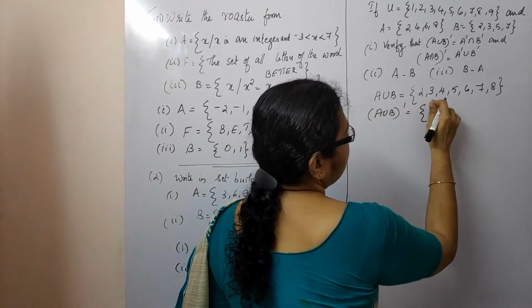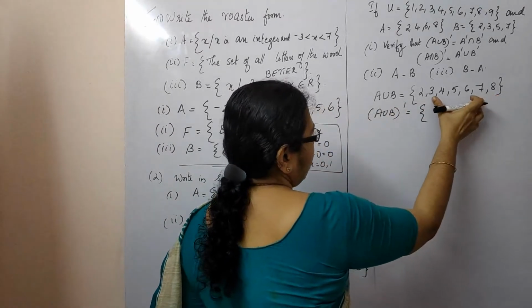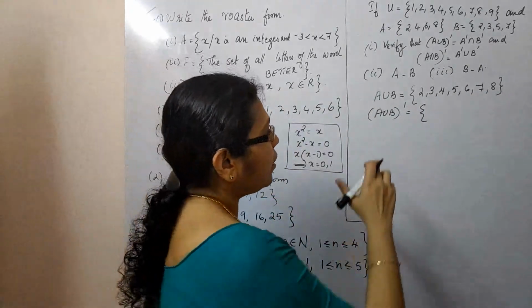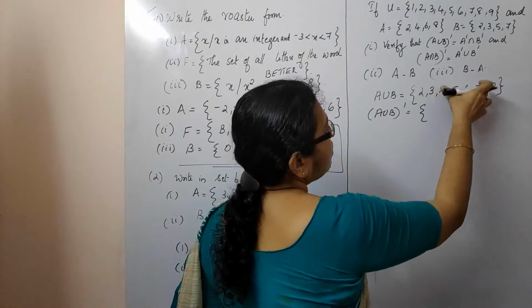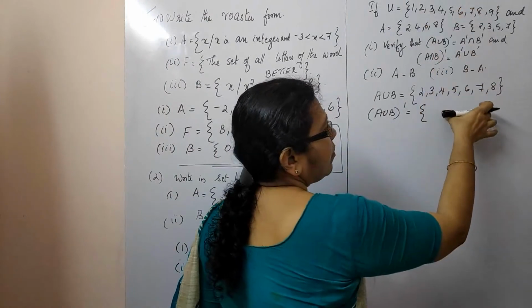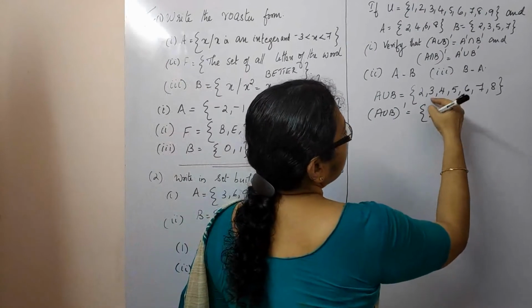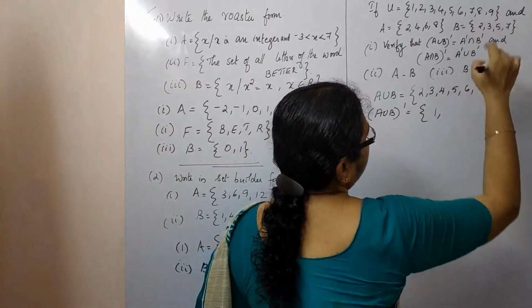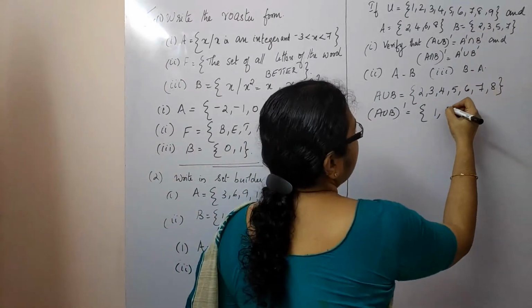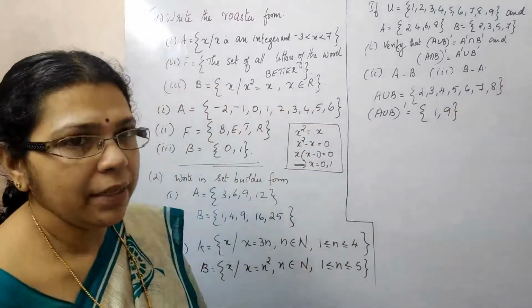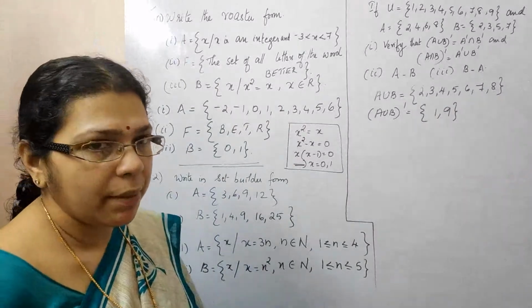That means whatever elements you find in A union B, the complement is the rest of the elements from the universal set. Which are they? 2, 3, 4, 5, 6, 7 are there in this set, so I cannot take them. So 1 and 9 are the elements in A union B the complement. Am I clear?